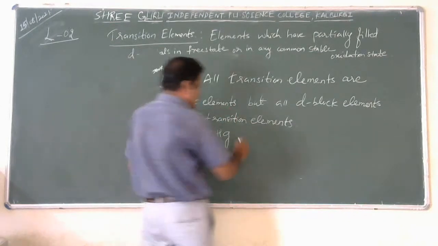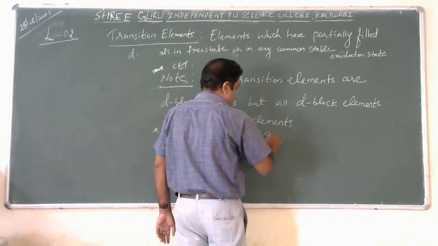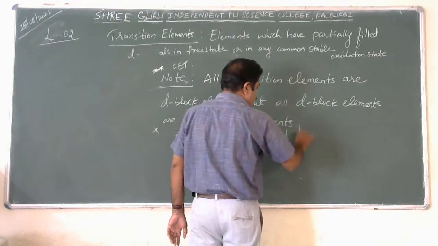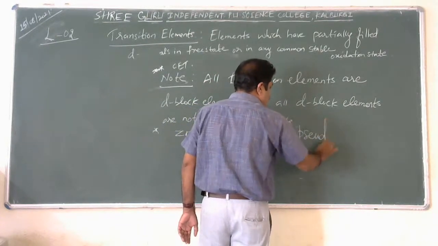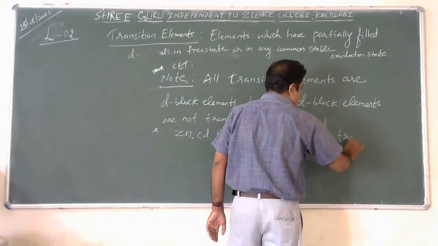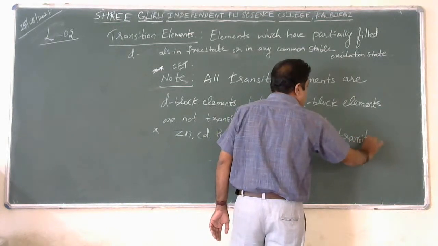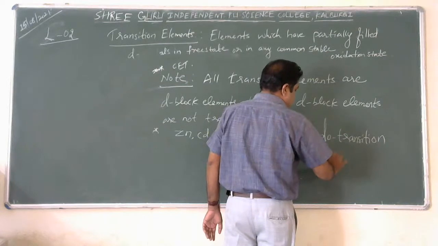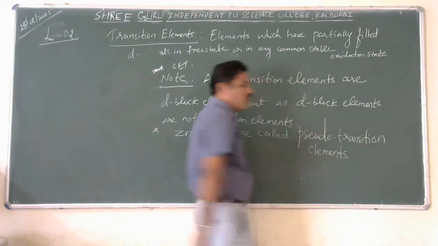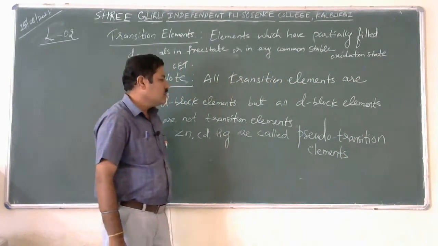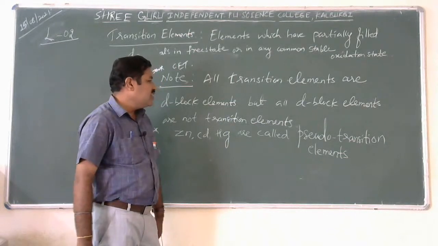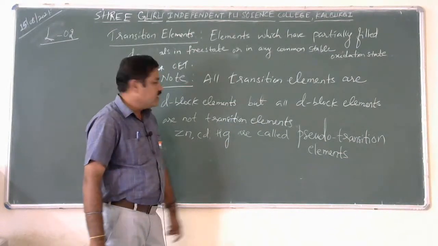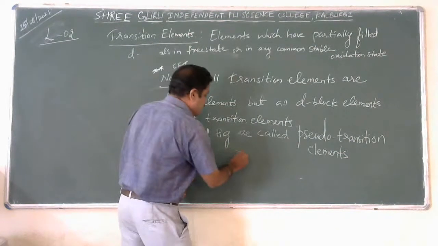Zinc, cadmium, mercury, what are they called? They are called pseudo transition elements. Remember, pseudo transition elements, false transition elements. They are not true transition elements. Why? Because they have completely filled d orbitals.